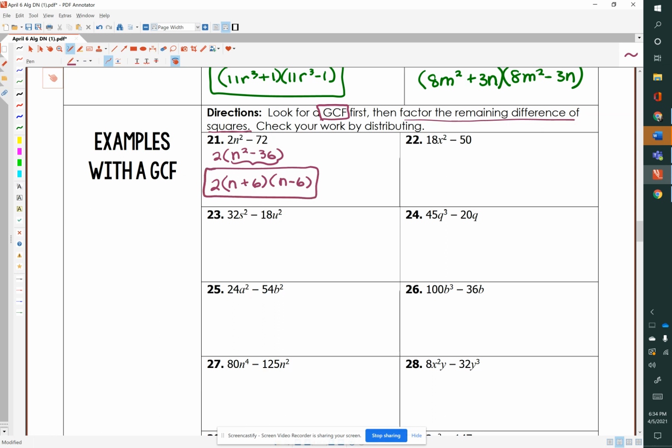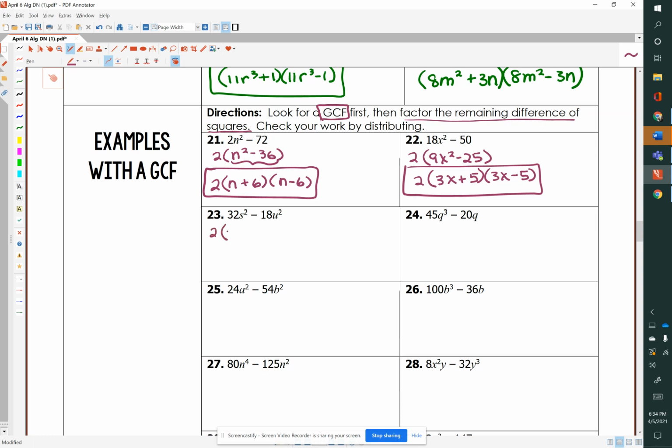Okay, number 22, let's also factor out a 2, which would leave us with 9x squared minus 25, 2 perfect squares, so we can work with that. So that would be 2, and 9x squared would be 3x plus, and 25, that would be 5, and then 3x minus 5, and there's our final solution. Number 23, again, we'll factor out a 2.